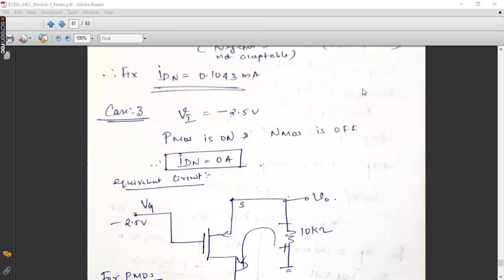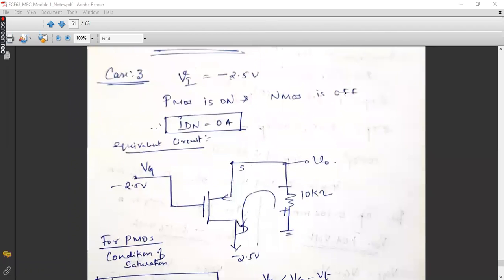Now coming to case 3, Vi is negative 2.5. Because of which you know that PMOS is on and NMOS is off. Why?